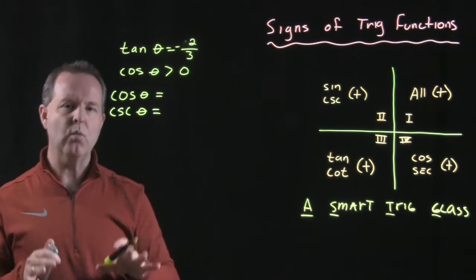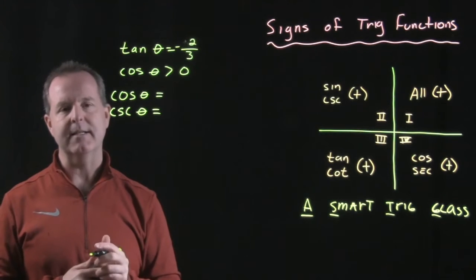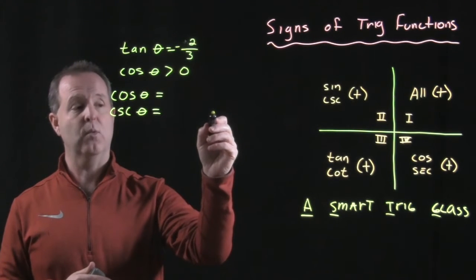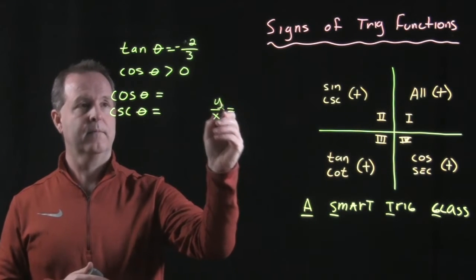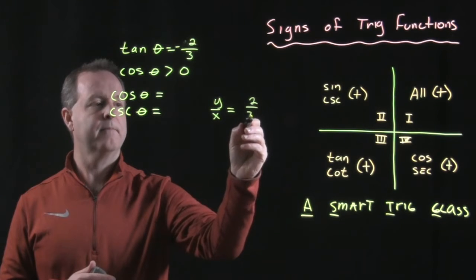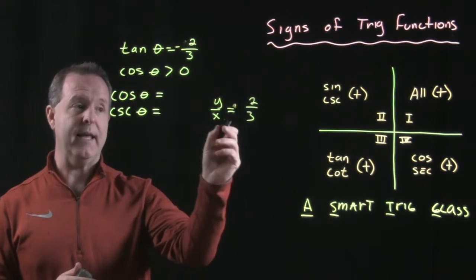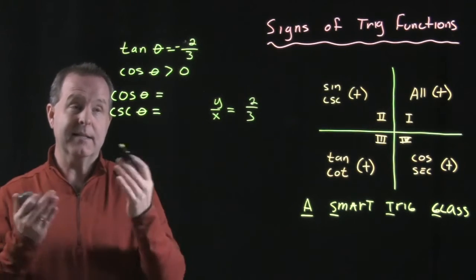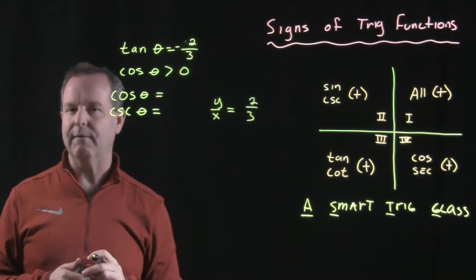So let's start to unwind and unravel some of the things that we know. Tangent of theta is negative 2/3. Tangent was a y over an x. So I have a 2 over a 3. However, we don't know if the negative is associated with the x or with the y, because negative 2/3 could be negative 2 over 3 or 2 over negative 3.